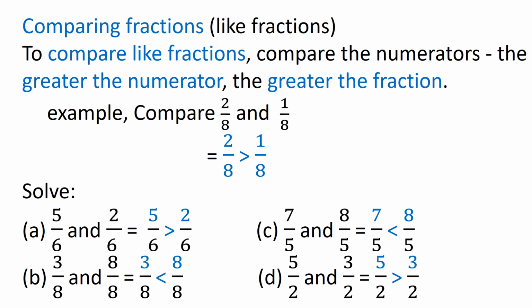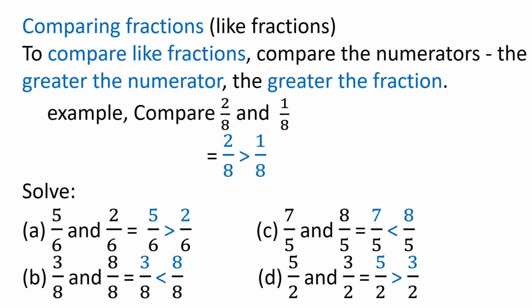Let us solve few examples here. Compare 5 upon 6 and 2 upon 6. 5 being the bigger number, 5 upon 6 is greater than 2 upon 6.